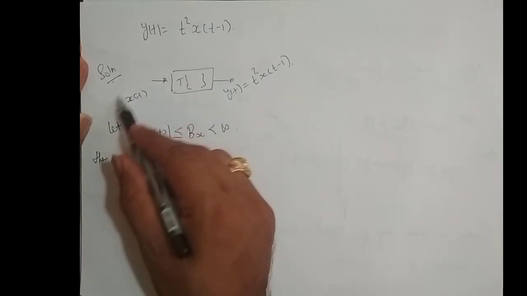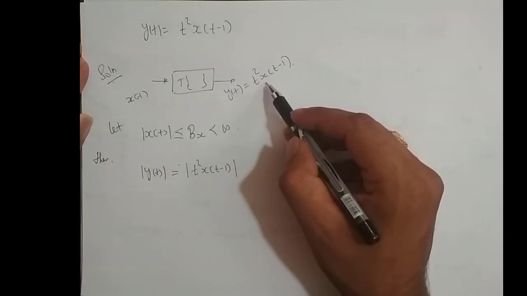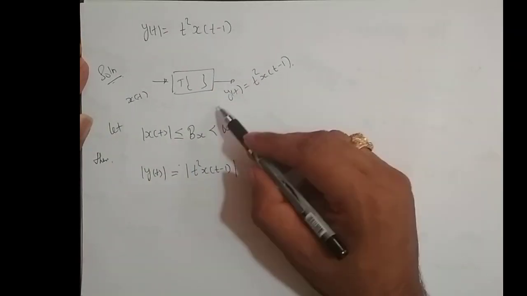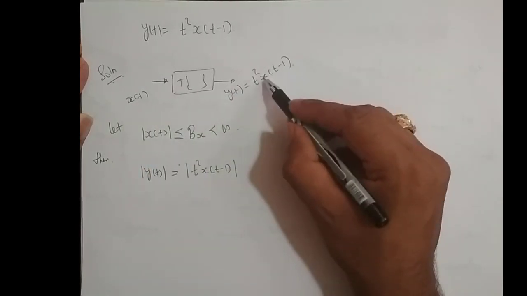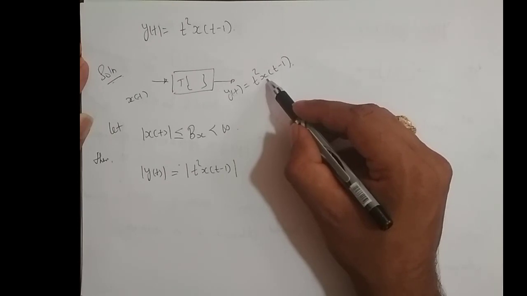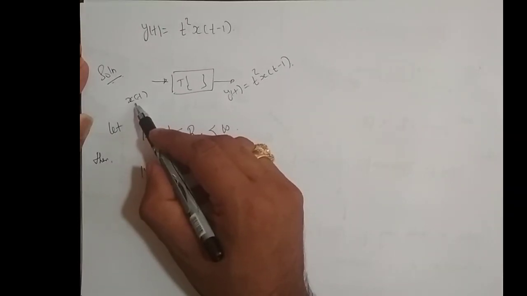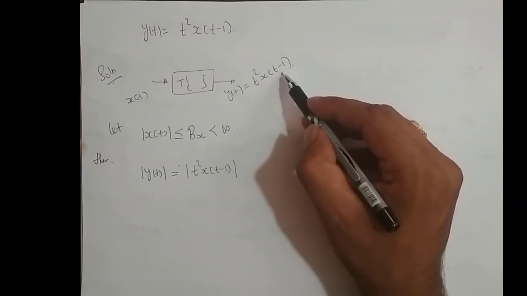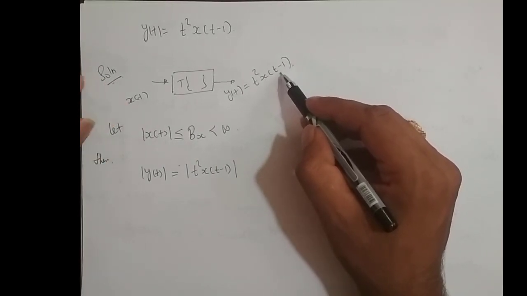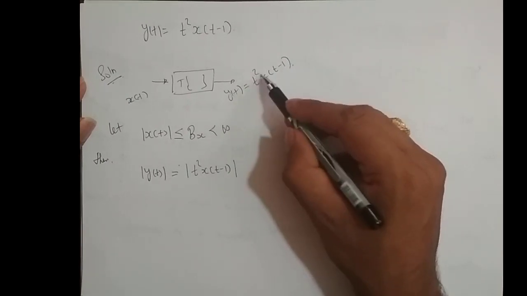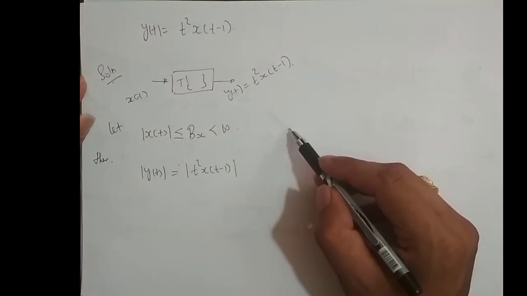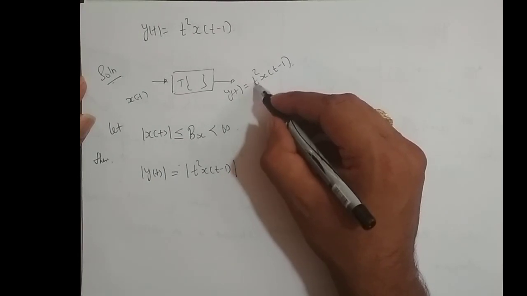So what's happening to the system? If I feed bounded input x of t, what's happening across the output of the system? The input signal x of t is shifted right by one. When I shift the input signal right, amplitude does not change. Amplitude remains the same as the input x of t. But for that signal, a coefficient t square is getting multiplied, right?